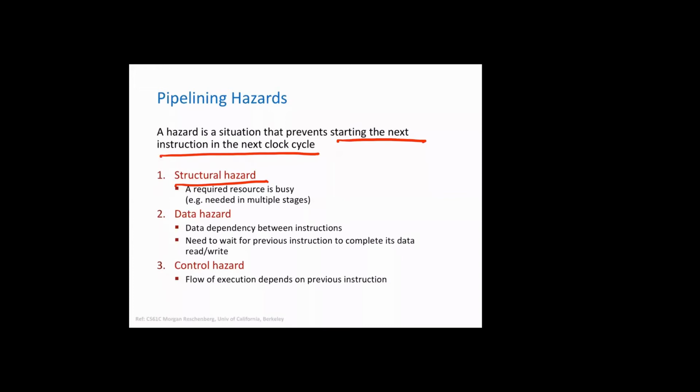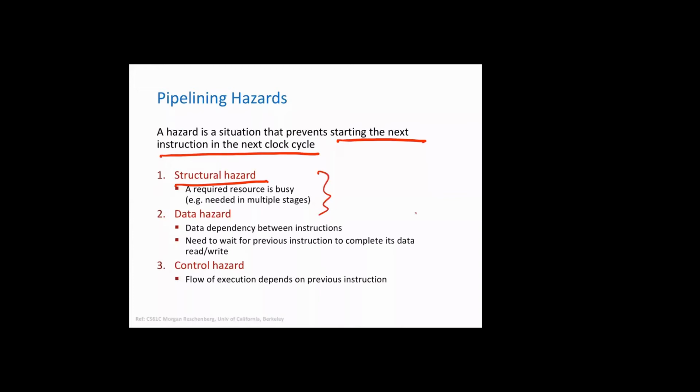So while these sequences of instructions are there, and it could be any sequence, if a resource is being used by one instruction and also demanded by the next instruction, then there is a hazard. Okay, structural hazard, because of structure.